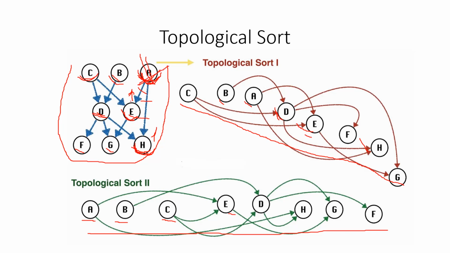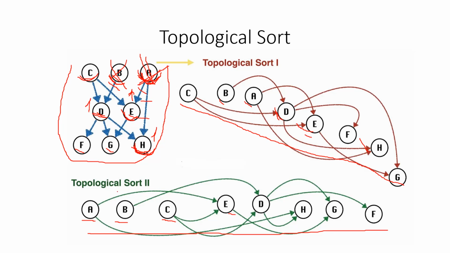Then we take the next element from the queue, let's say B. We remove B from the queue, and we remove the edge connected to B. So we decrease the in-degree of the neighboring element of B, which is D, and the in-degree of D becomes 1.